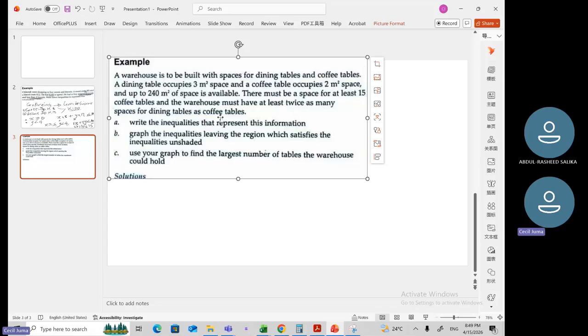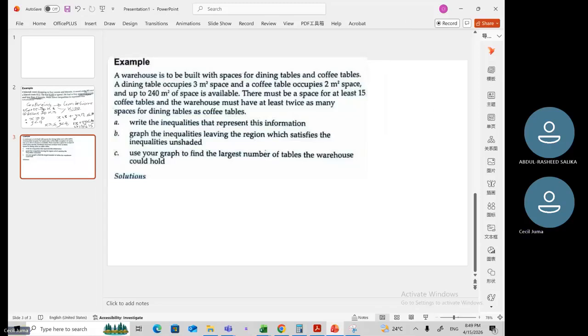So the first on this one, we want to answer question A because we are just trying to come up with inequalities. So in this one, we are given a problem. You can have a warehouse.